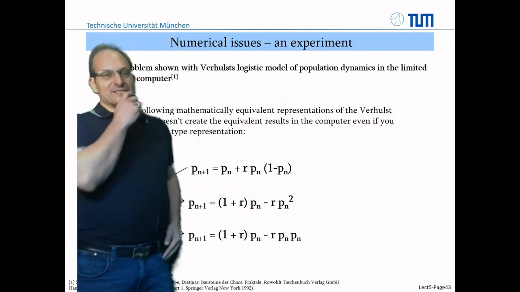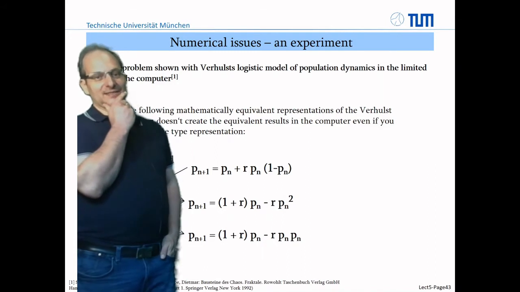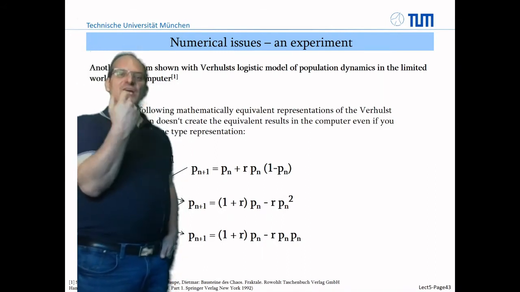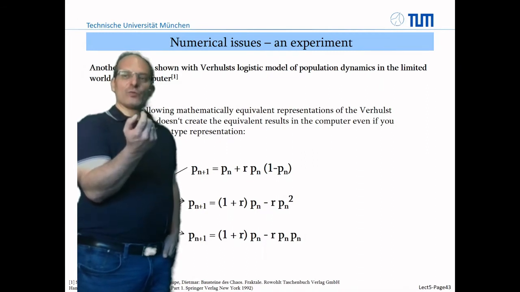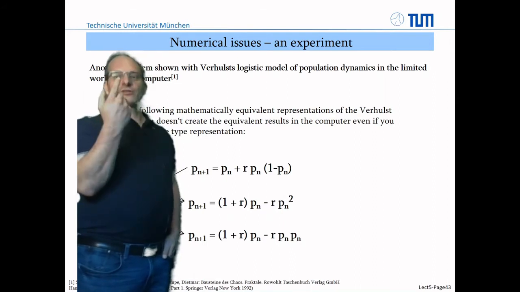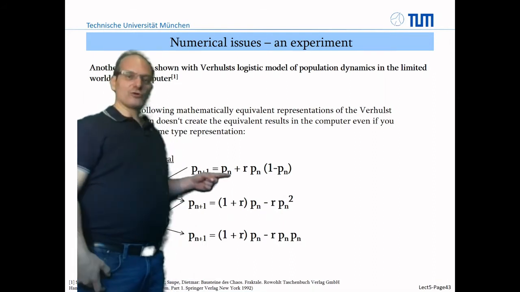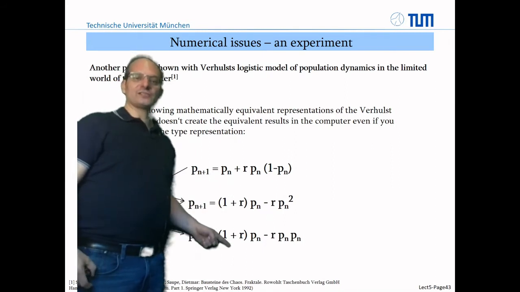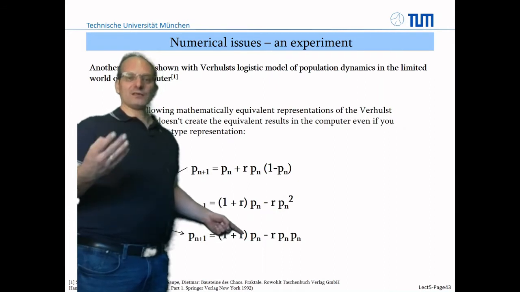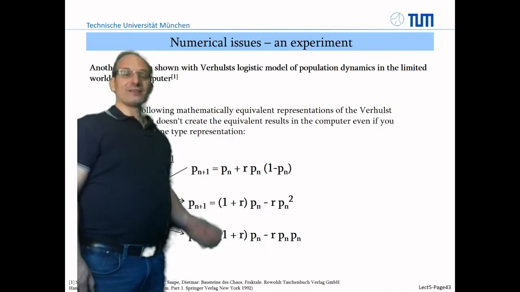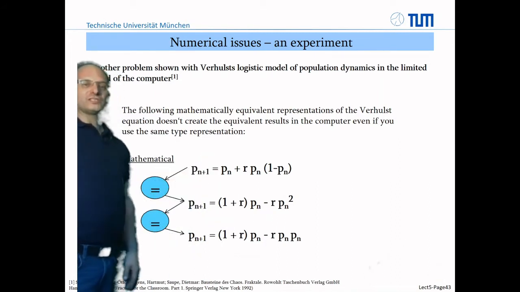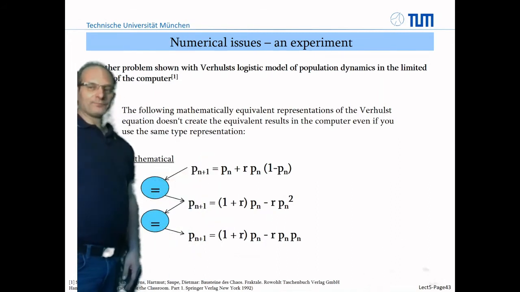Another quite interesting thing is that equations which calculate exactly the same, just rearranged, will lead to different results in numerics. If you compare these three calculations, in mathematical terms they are equal. They're exactly the same if you watch it in a mathematical domain.